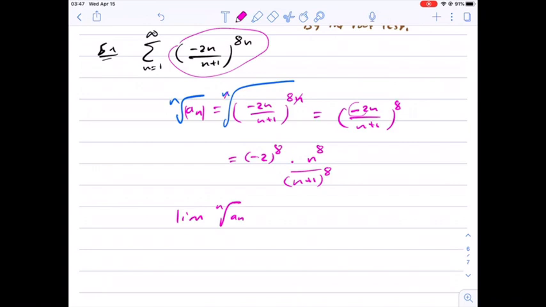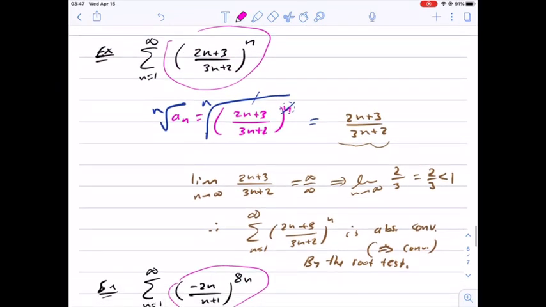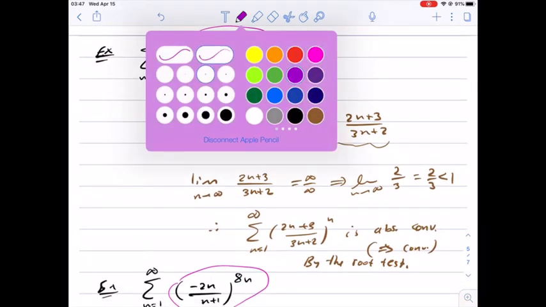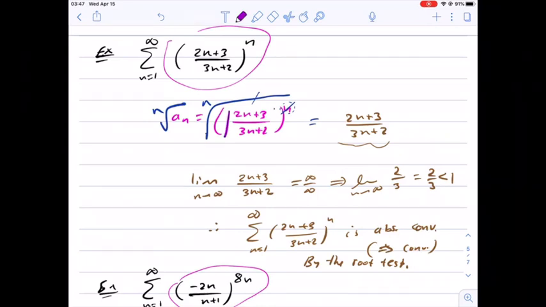We take the limit of the nth root of the absolute value of a sub n as n goes to infinity. I should take the absolute value here.